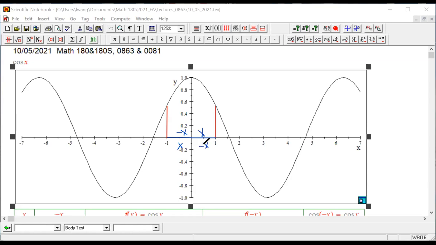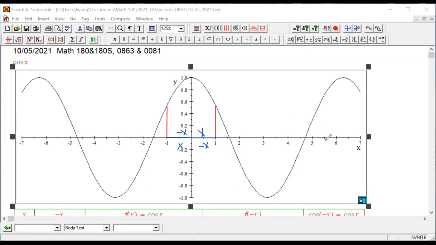They're always opposite to each other. You just take one case and their outputs are exactly the same. That's the feature of an even function, and cosine is such a function.